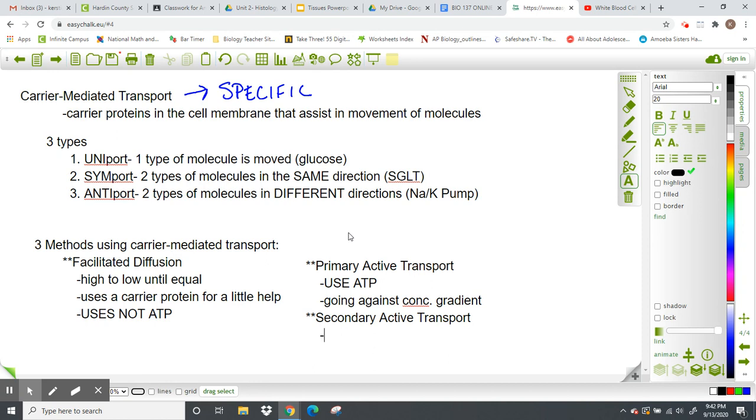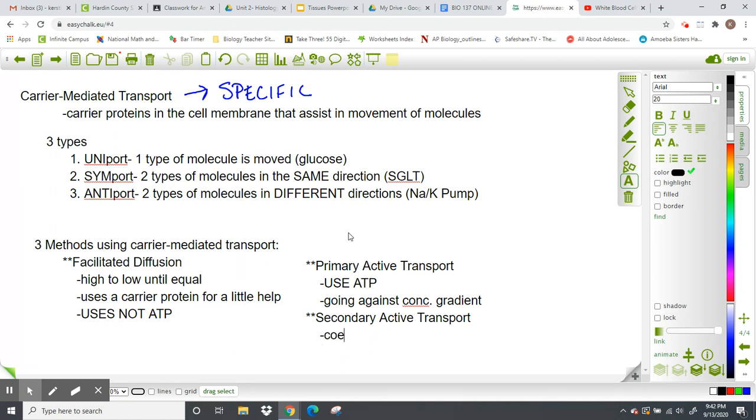The secondary active transport is using the gradient created by the primary active transport to move things from high concentration to low concentration until equal. So the secondary active one is not using the ATP to operate itself, but it is kind of piggybacking off of the primary active transport carrier protein.